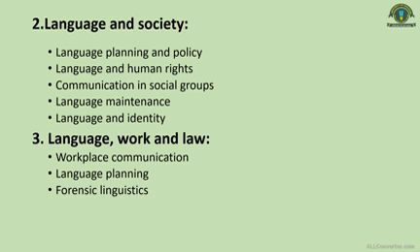All these points are discussed in language and society, and that is done with the help of applied linguistics. This branch, as we discussed earlier, is also called social linguistics.